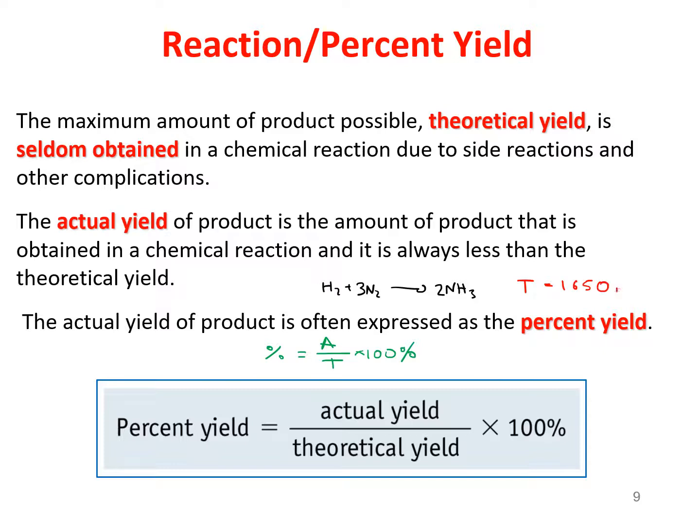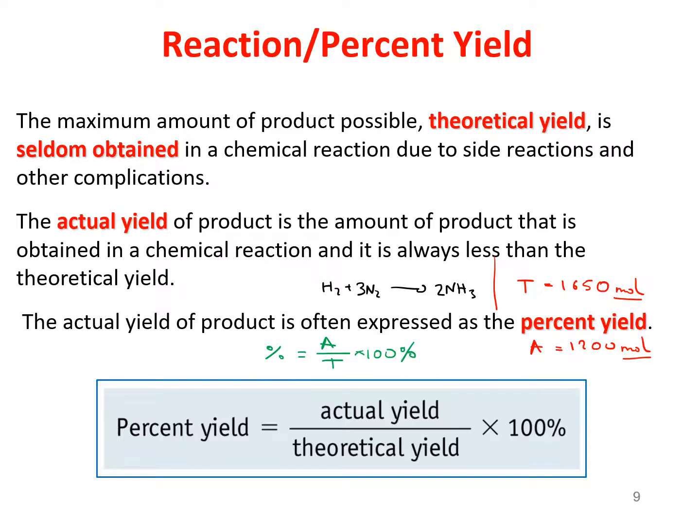And we have seen that in theory, the theoretical yield of this reaction was 1650 moles. Now, if somebody tells you, okay, this reaction was run and 1200 moles have been obtained, so the actual yield, you would say that is 1200 moles.